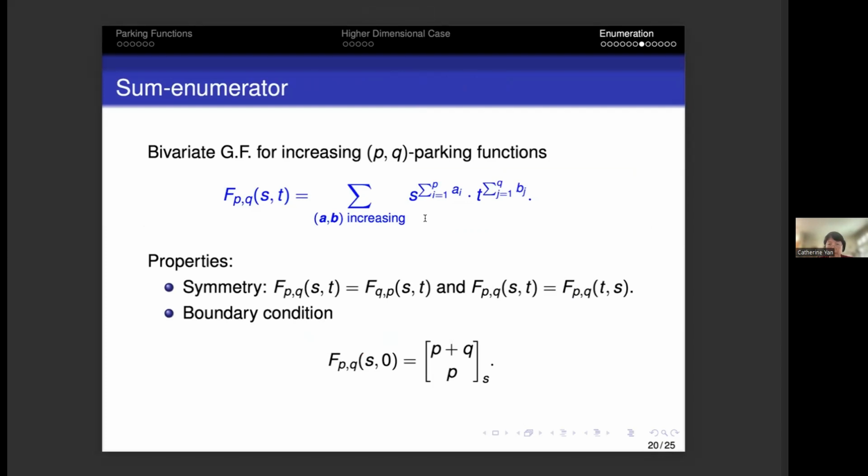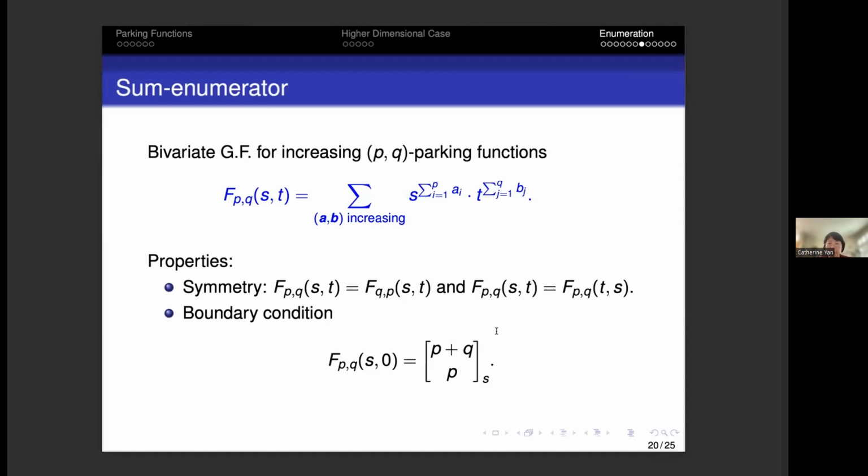I'm summing over the PQ parking functions, where the enumerator counts at the same time the total sum of the a_i and the total sum of the b_i sequences. From the previous picture of two lattice paths in a rectangular grid, it's quick to see that such an enumerator is symmetric. Either you change the index or you change the two variables. And the boundary condition is given by the Gaussian coefficients, because they're just counting lattice paths by their weight.